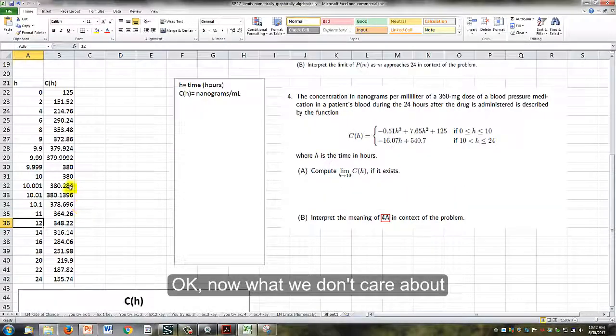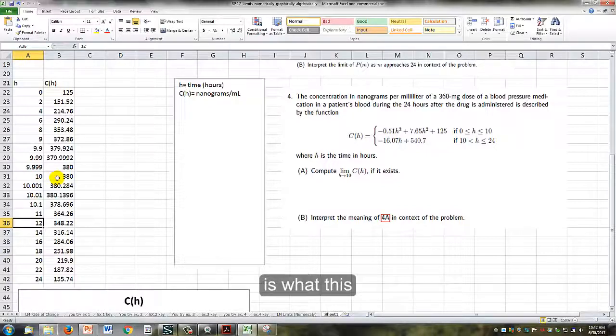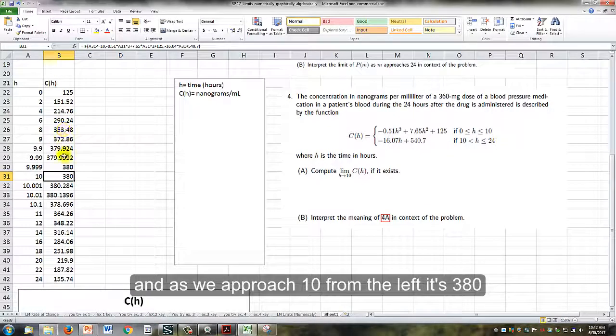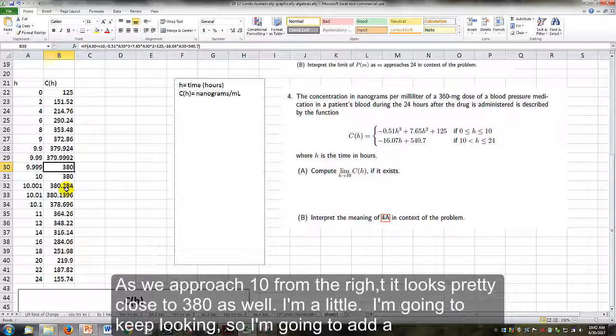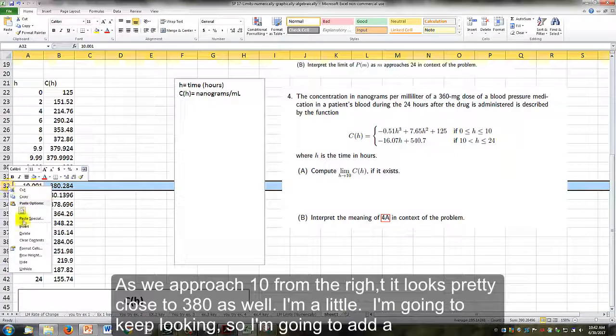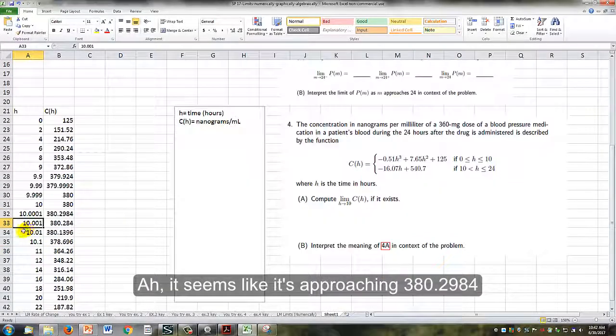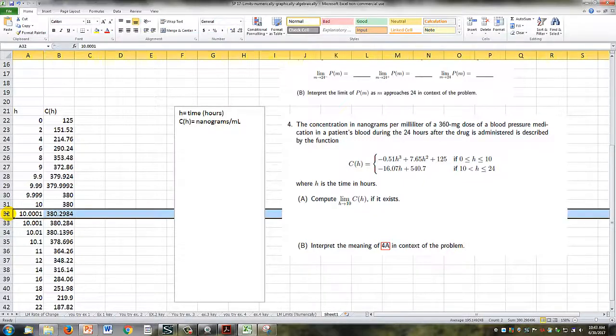Okay, now what we don't care about is what this 10 is equal to. We want to know what the limit of the concentration is as we approach 10. And as we approach 10 from the left, it's 380. As we approach 10 from the right, it looks pretty close to 380 as well. I'm going to keep looking, seems like it's approaching 380.2984.